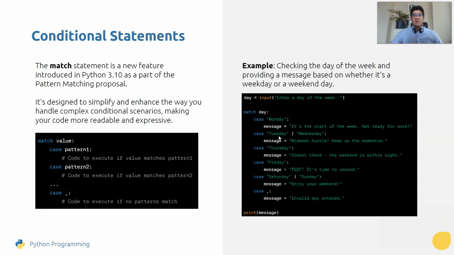The first one Monday, then Tuesday or Wednesday, Thursday, Friday, Saturday or Sunday, and if the value entered by the user does not match any of those patterns, it will run the last case with underscore, and we say invalid day entered, and at the end we print the message. So this is the equivalent of the if else statement that we saw a moment earlier.